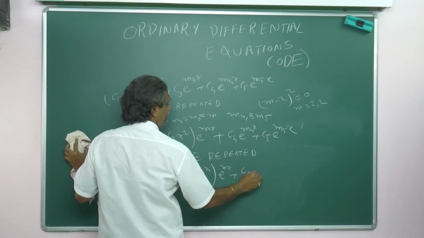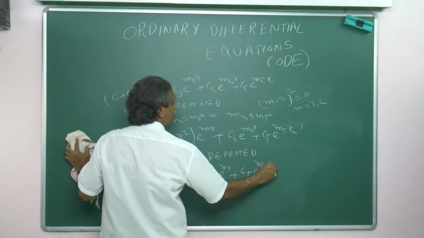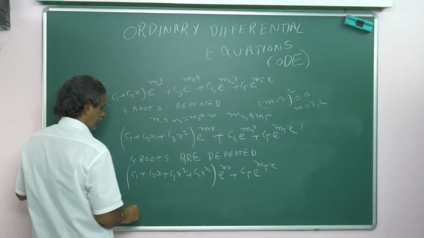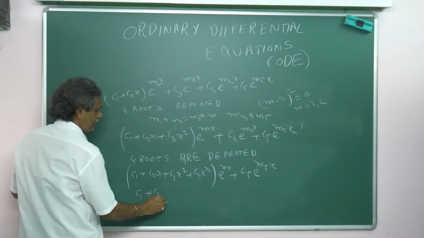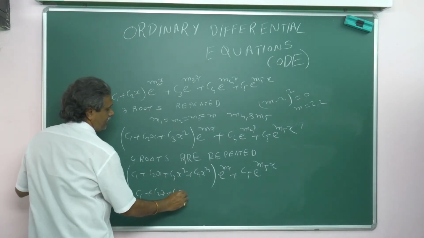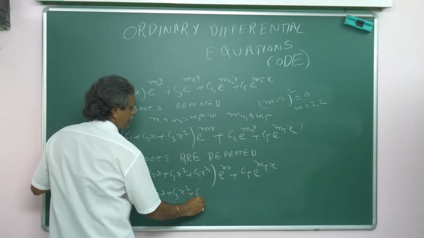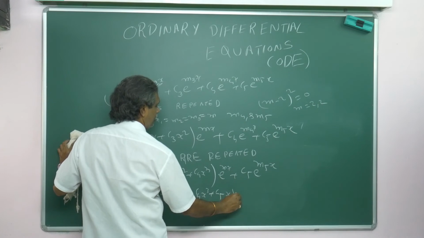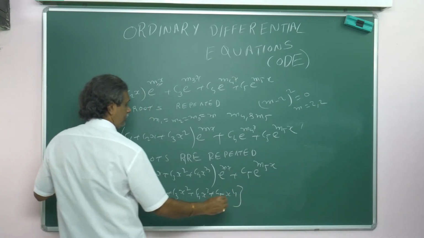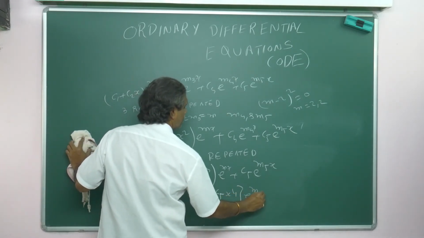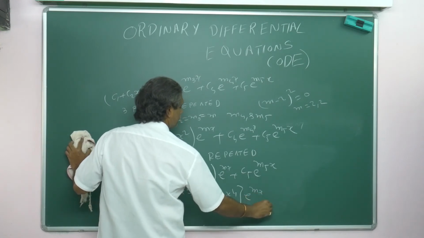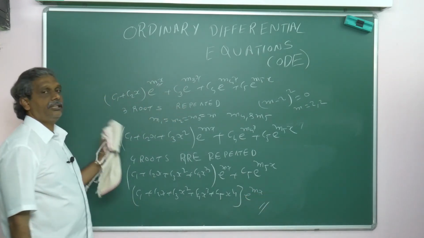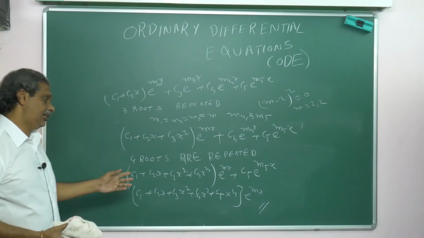Then C5 for the non-repeated root you can write. Suppose 5 roots are repeated: (C1 plus C2x plus C3x square plus C4x cube plus C5x to the power of 4) e to the power of mx. So this is for the repeated case. If it is non-repeated, you can write as usual.